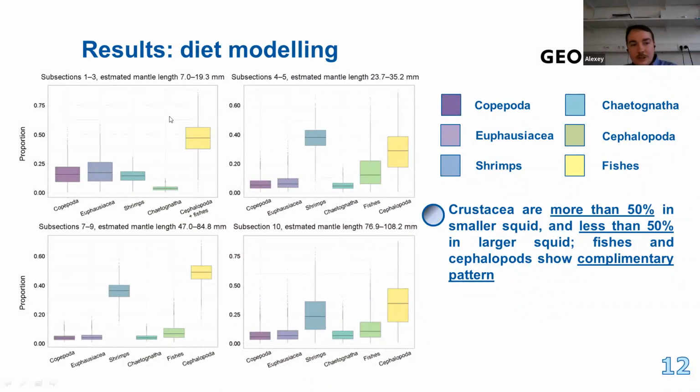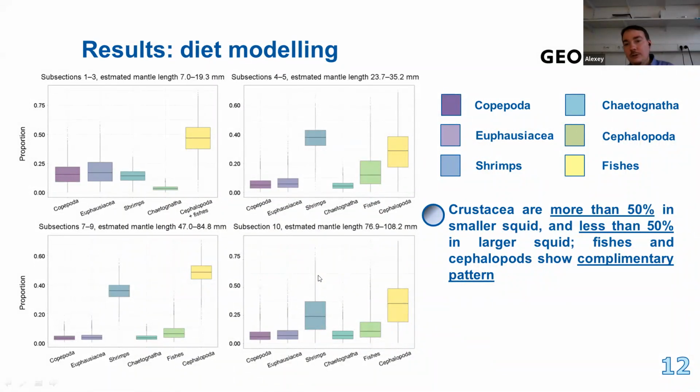In smaller squids, subsections 1 to 5, so below 35 millimeter squid size, crustaceans constitute more than half of their diet. And at that time, fish and squid form complementary patterns. They contribute together, fish and squid, less than half of the diet then. And once the squid is above 47 millimeters, it's the opposite.